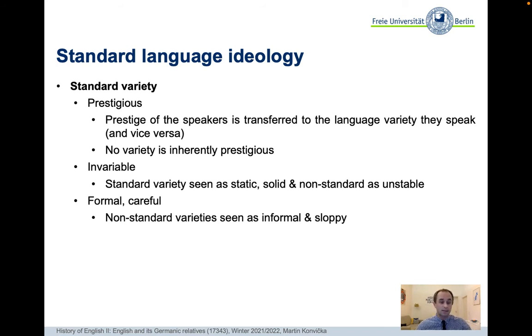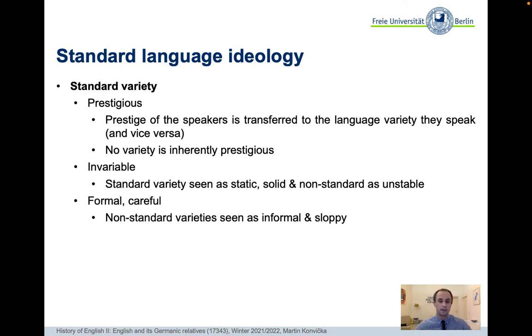This is a variety of a language that is prestigious, and people who speak that variety are prestigious as well, right? But the thing is, no variety is actually inherently prestigious. There is no linguistic basis for something like that.